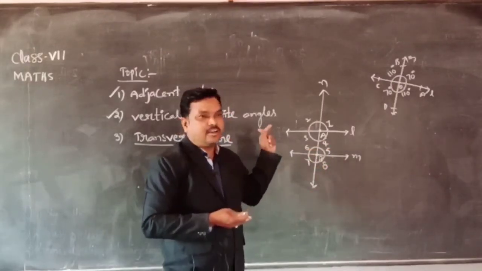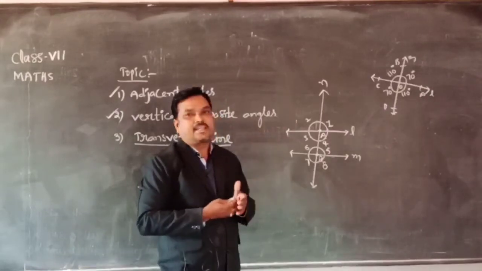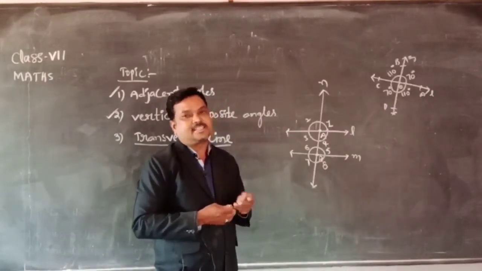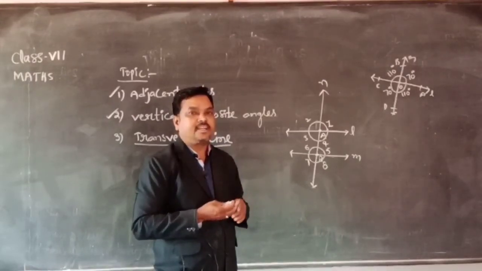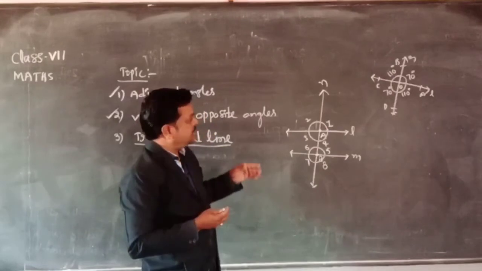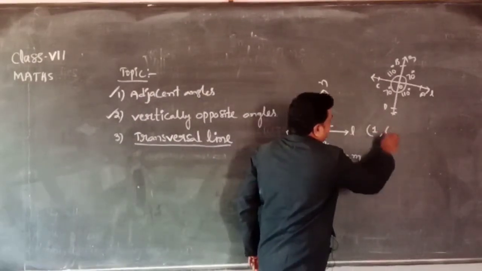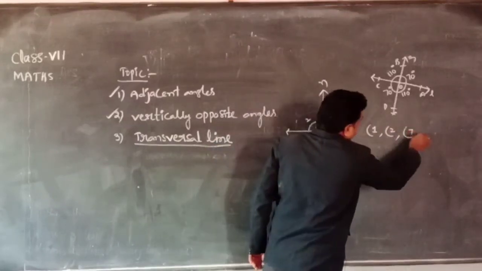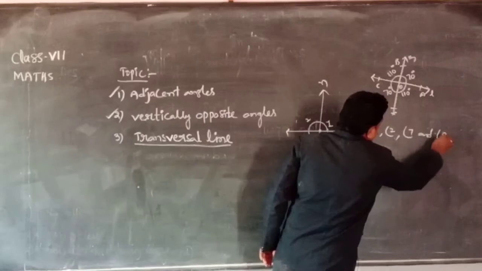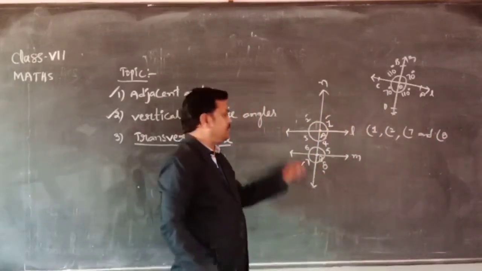The names of these angles are different: corresponding angles, interior angles, exterior angles, alternate interior angles, alternate exterior angles. See, angles 1, 2, 7 and 8 are located outside of the two lines.